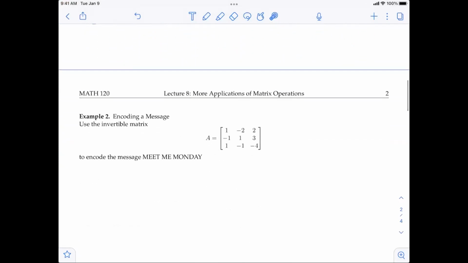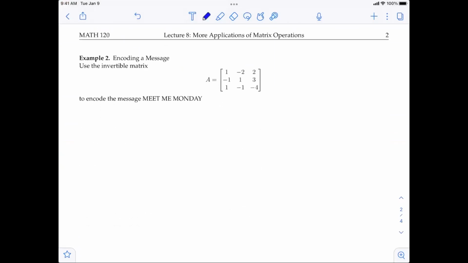Okay, so what you can do is use this matrix. This is a 3x3 matrix. We have 3 different parts: the uncoded row matrices, which we already have from the previous example; the encoding matrix A, which is given to us as well; and the coded row matrices.